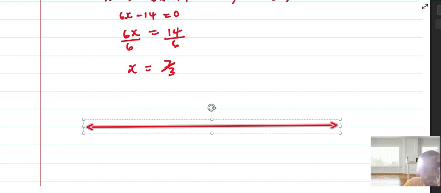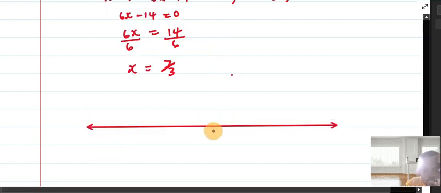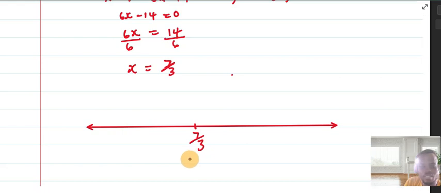On my real line, there exists this value of x, which is 7 over 3. That is the x coordinate of the point of inflection.